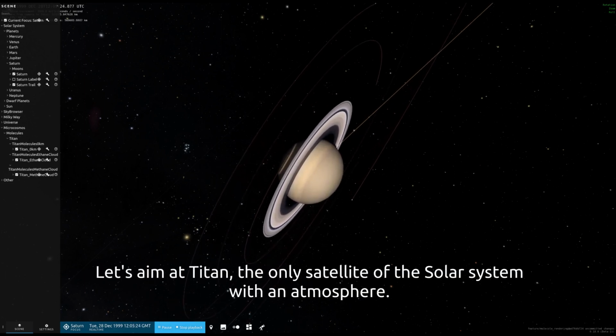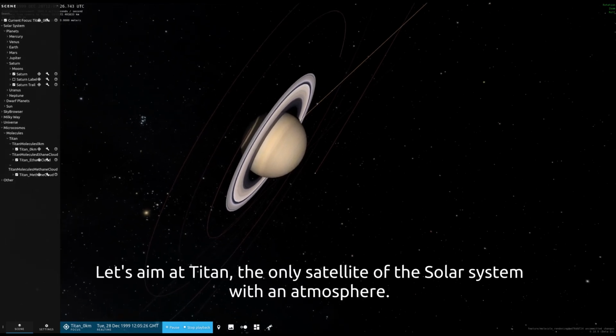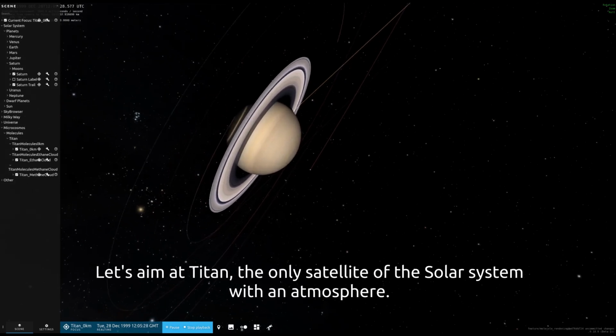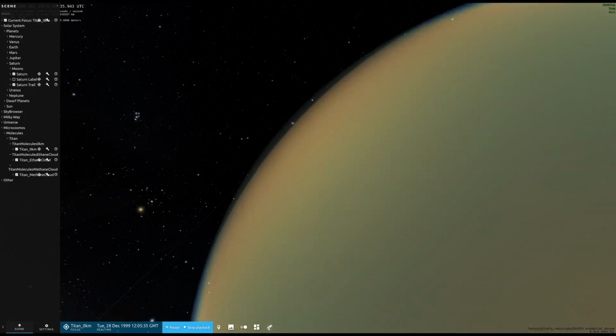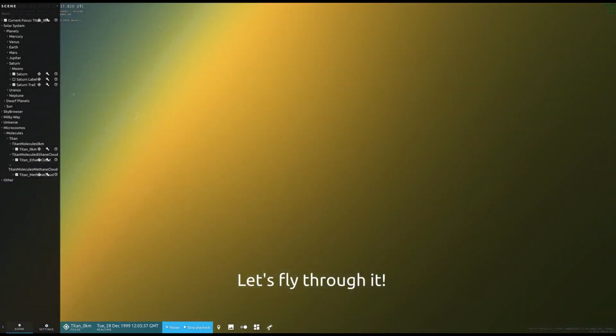Let's aim at Titan, the only satellite of the solar system with an atmosphere. Let's fly through it.